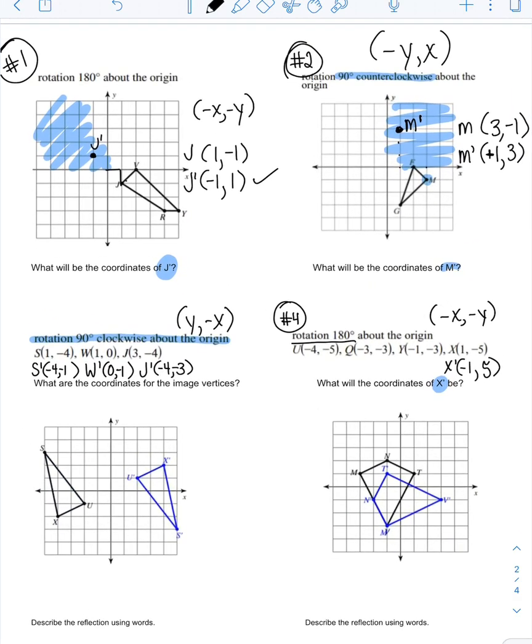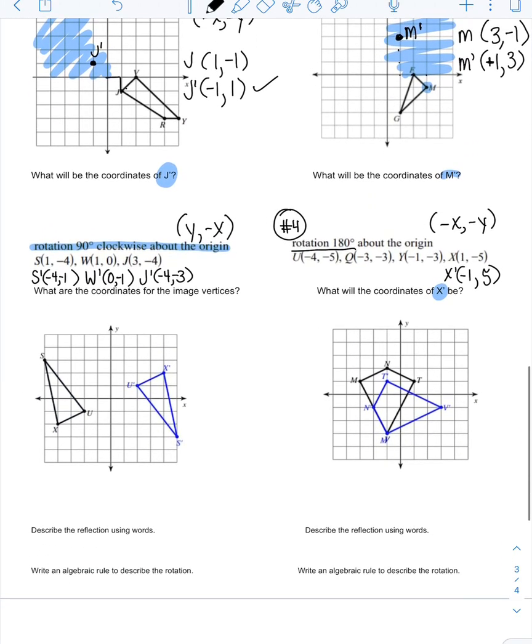Now let's take a look at the last couple of examples. Just like all of our other lessons, I give you both pictures and we want to find, and by the way, change those words reflection to rotation because we're talking about rotations. Okay, so let's take a look.